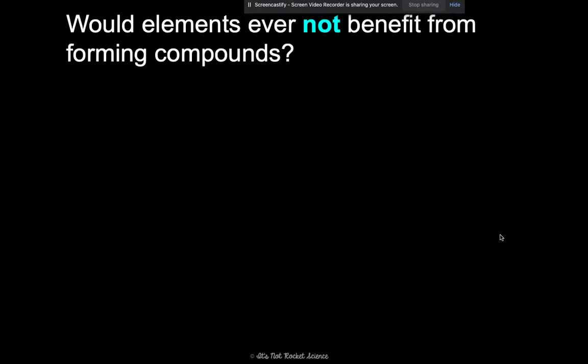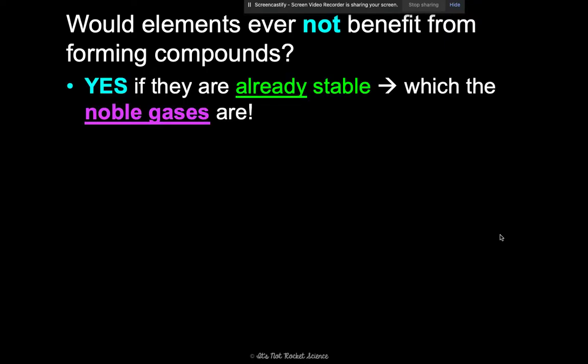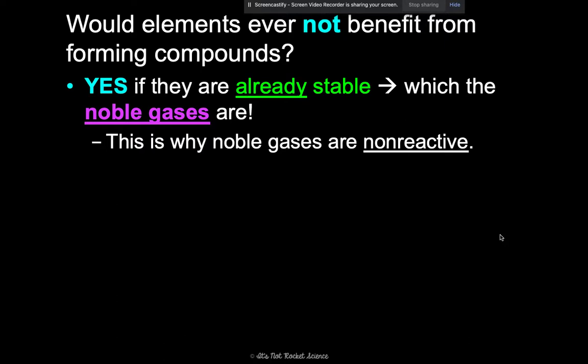All right, so would elements ever not benefit from forming compounds? Yes, if they are already stable, which we've discussed, and those are our noble gases, group 18. This is why noble gases are non-reactive. They're happy. They like to be by themselves. They are the kings of their castles, queens of their castles. They don't need no man. They don't need no woman, okay?